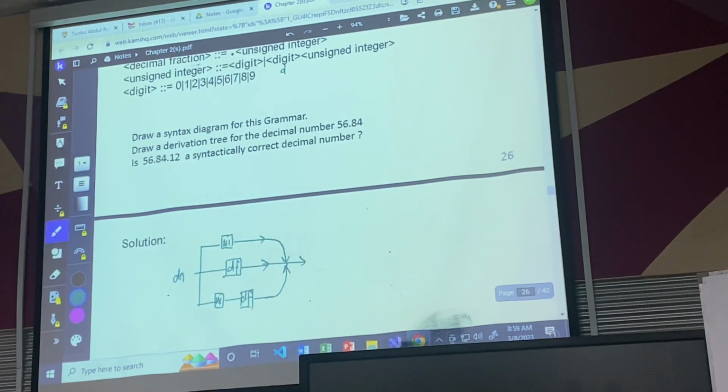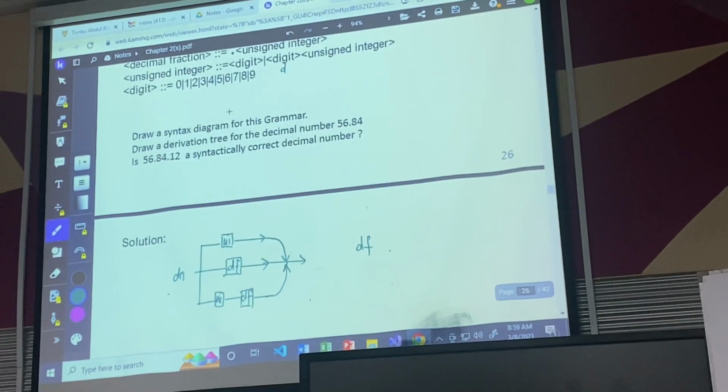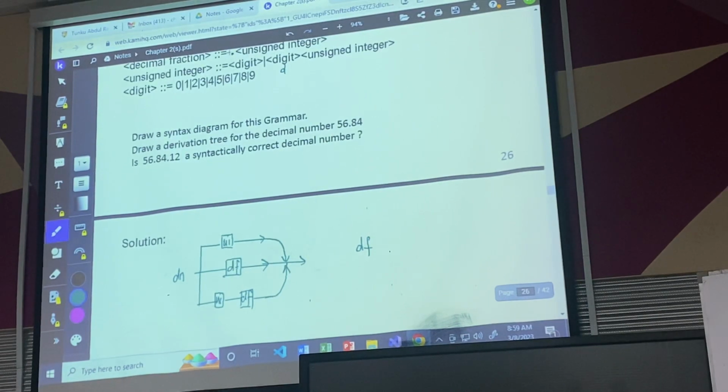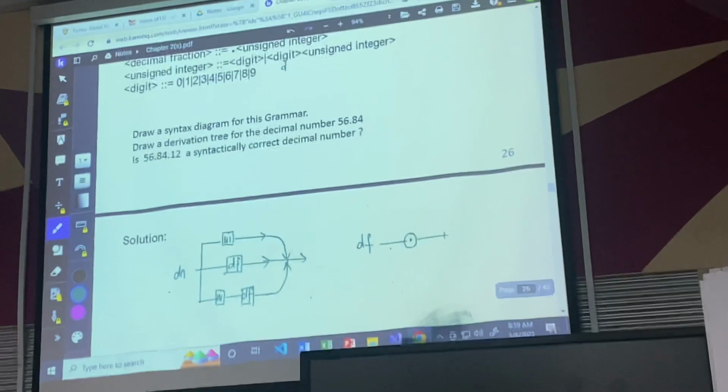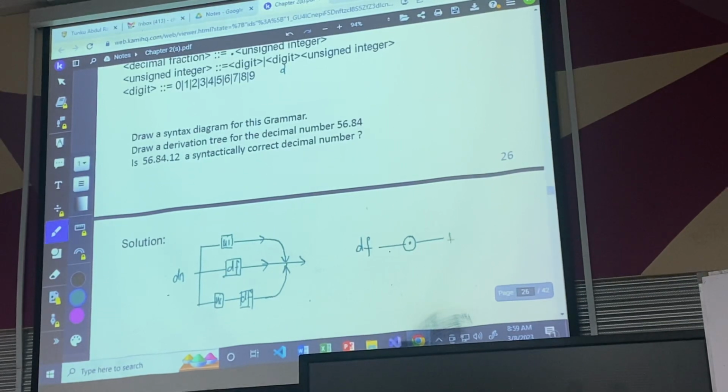The syntax diagram is decimal fraction, substitute with a decimal point, like this.